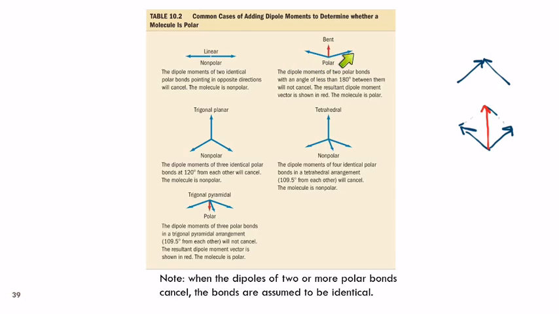If you have a bent structure with polar bonds, it's going to be polar because they can't cancel each other out. If you have a trigonal pyramid with polar bonds, it's also going to be a polar molecule. Is that the seesaw? No, this is not the seesaw. That red is adding the 3 blue vectors.